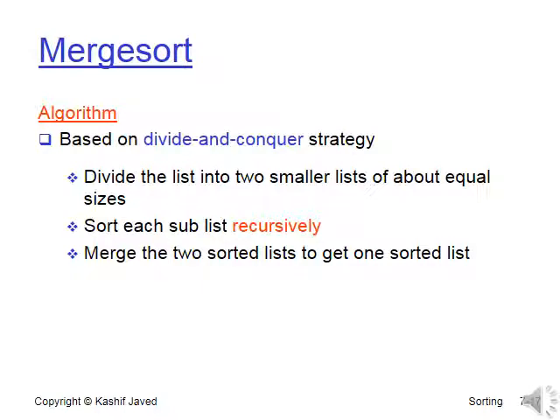As mentioned before, Mergesort is based on the divide and conquer strategy. We divide the list or array into two smaller lists of about equal sizes, then sort each sublist recursively. Once done, we merge the two sorted lists to get one sorted list.